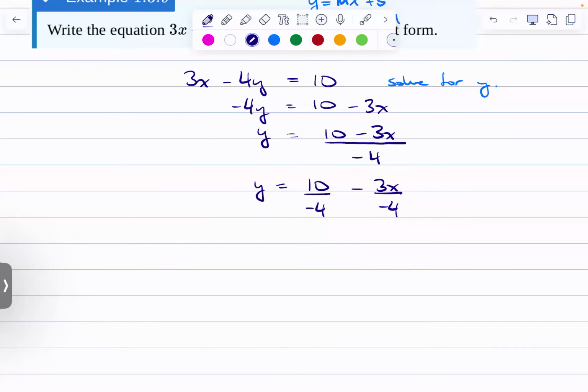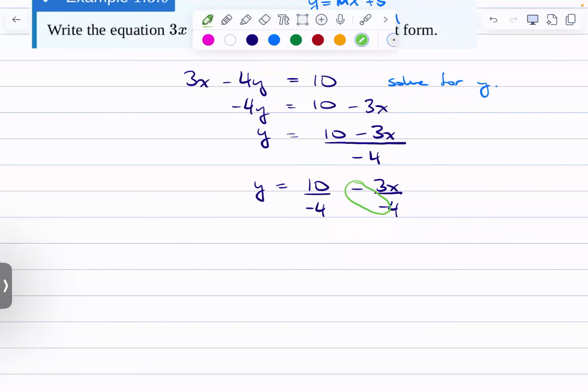There's a small amount of simplification that we can do, okay? And I don't care about simplifying the 10 over 4. You can, but it's still going to be a fraction, right? So it's okay. You can just leave it as 10 over 4. But this little guy, right?